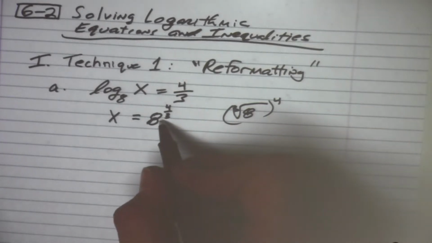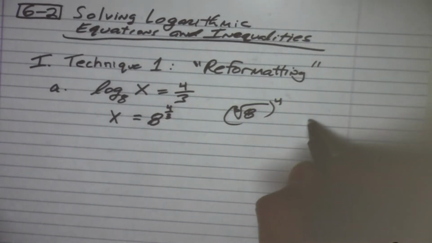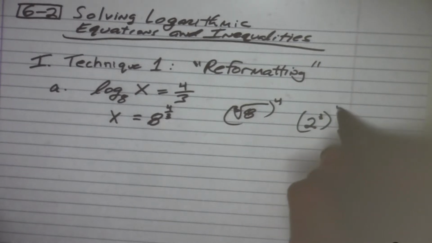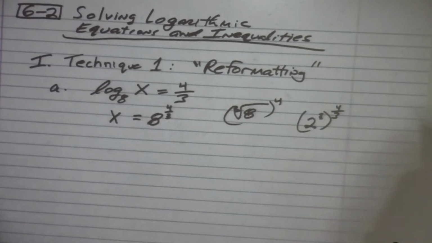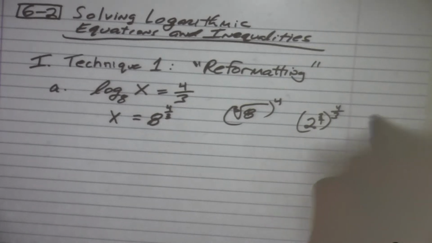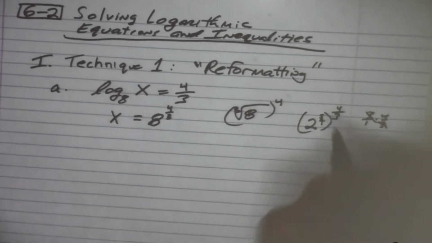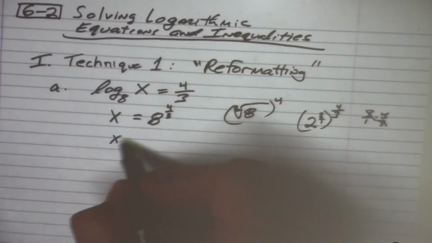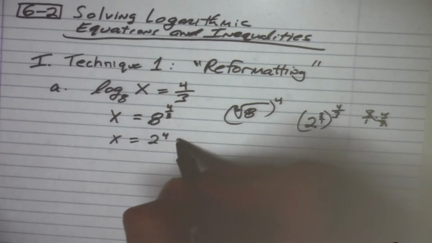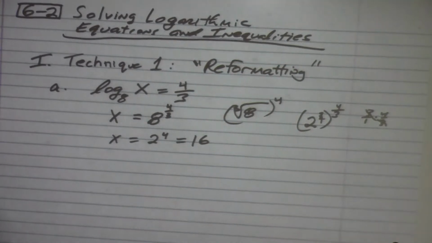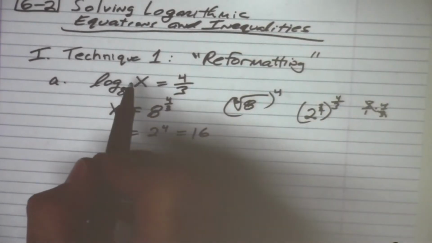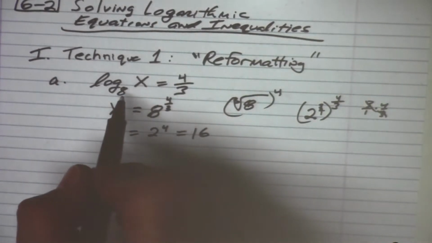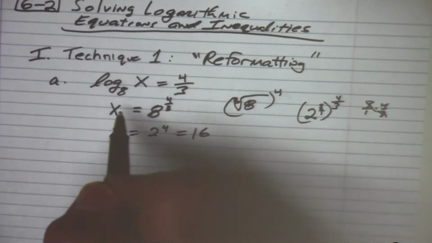I can also write 8 as 2 to the 3rd power, and raise that to the 4 over 3. Since that's 3 over 1 and 4 over 3, by the rules of exponents you multiply these, which is still 2 to the 4th power, which means x equals 2 to the 4th power, which is equal to 16. So 8 raised to the power of 4 over 3 is 16.